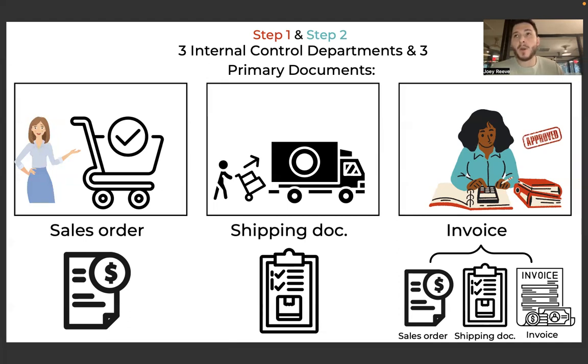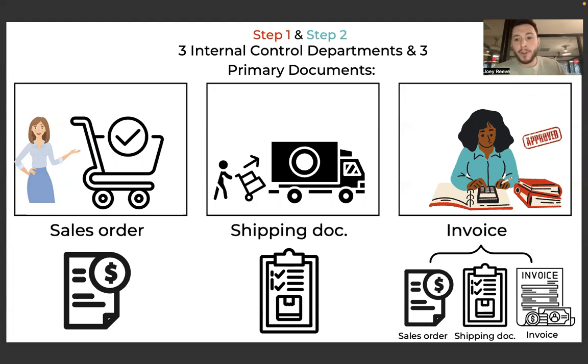Then she's going to create this invoice. The invoice goes to the party who purchased this inventory. So she's going to compare the three, and if the sales order matches the shipping documentation, the serially numbered bill of lading, then she's going to create the invoice. When we get into the expenditure cycle, the same process happens, and the three are considered what's called the voucher package.